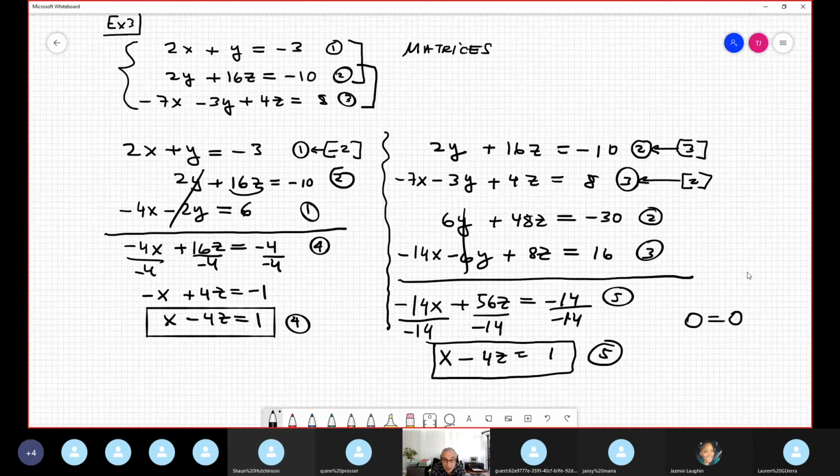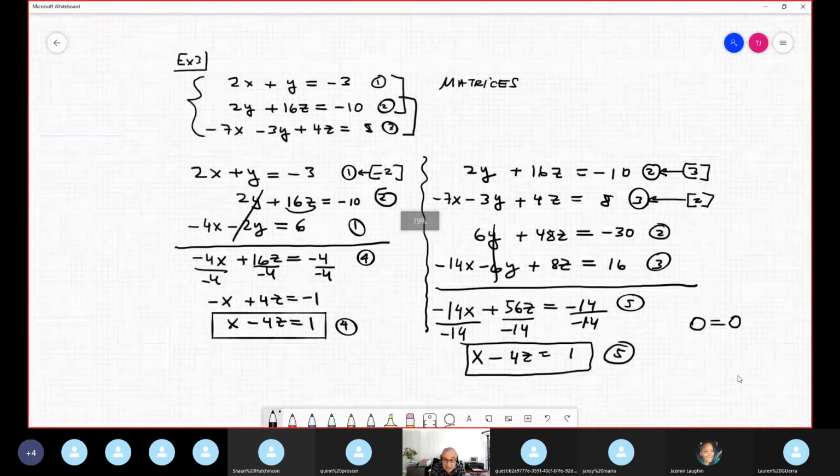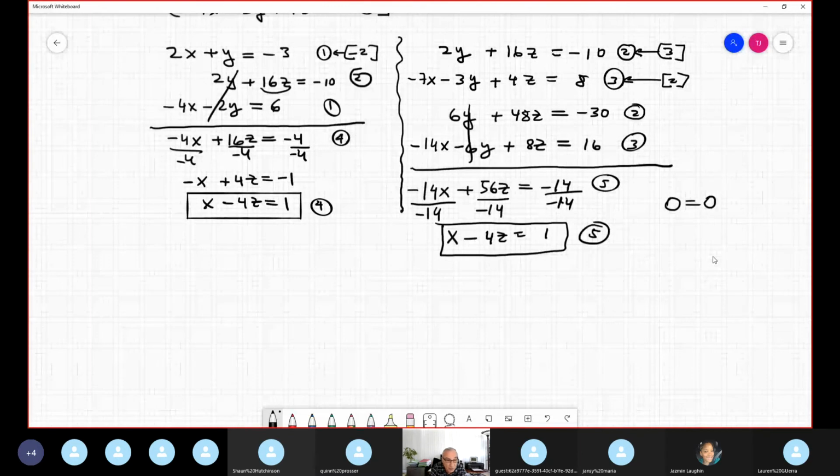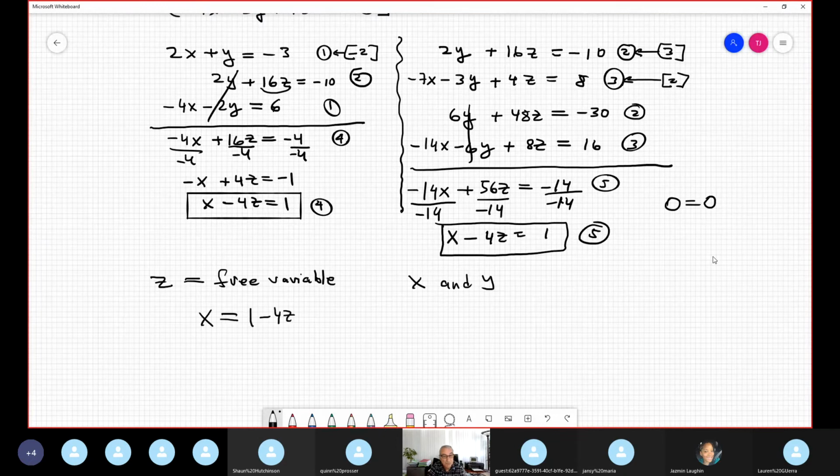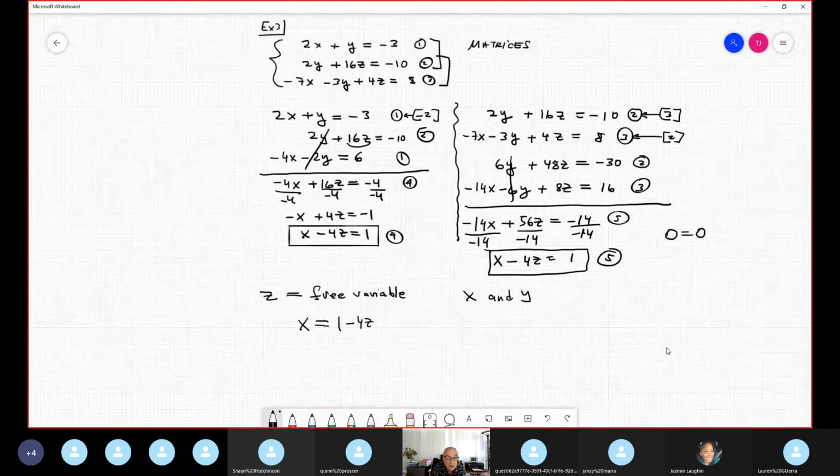I declare z a free variable. The only thing I should do is express the other variables, x and y, as functions of z, which is the free variable. Actually, from equation 4 and equation 5, x is equal to 1 plus 4z. Now I need to express y as a function of z.